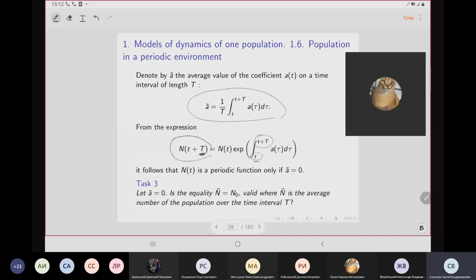And from this expression, it follows that our population is periodic if and only if the average value is 0. Another question for you. Let the average value be 0. Is the equality, the medium value of n is n0, valid?